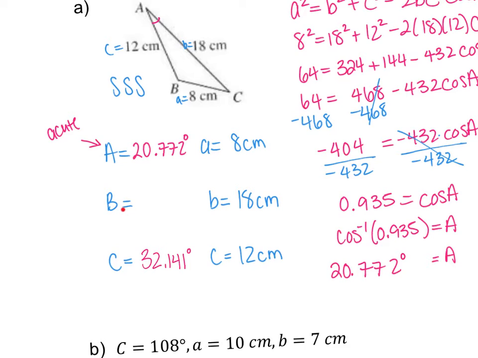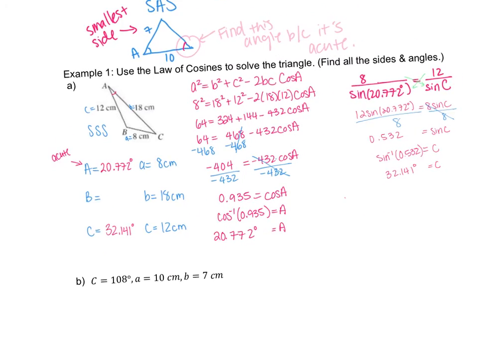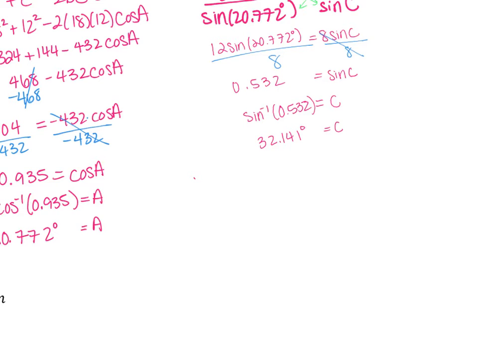And to find angle B, well, that's our last angle. And this part's a lot easier to do because as long as you have 2 angles, you can find the last angle by just subtracting it from 180. So if I just wanted to find angle B, I would just take 180. Oh, by the way, this symbol right here just means angle.